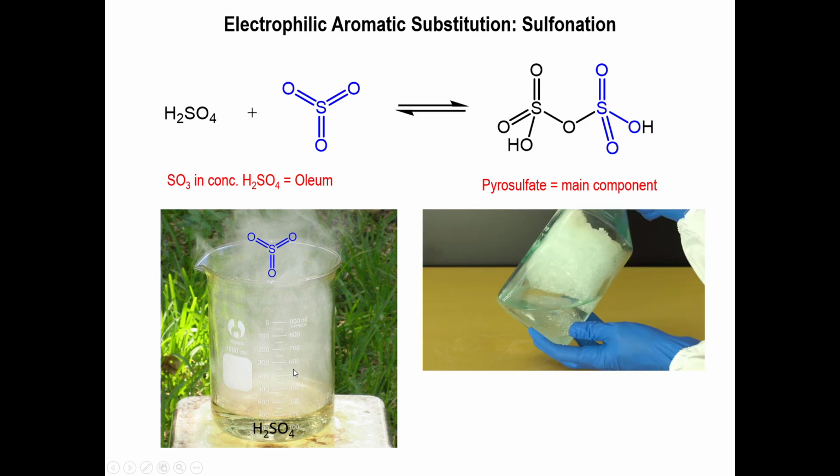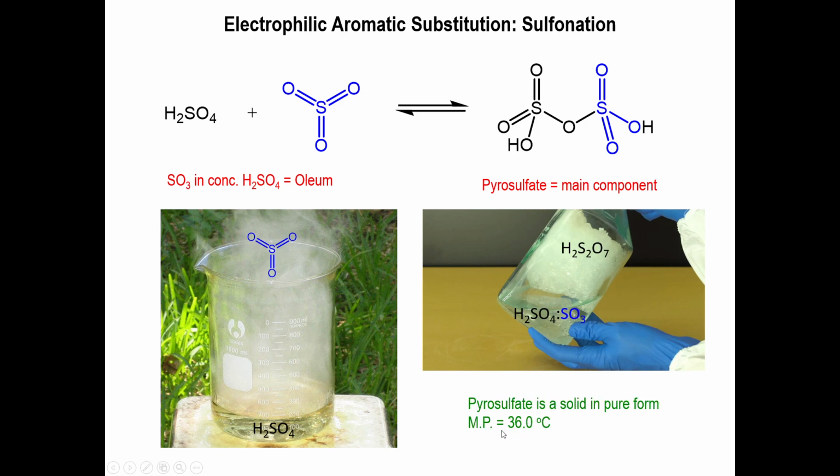And if you store this reaction in a sealed vessel or a closed container, you'll even get crystalline products, which is basically the pyrosulfate being formed as a result of the sulfur trioxide not being able to escape from the flask. So you actually get to see all of this dynamic equilibrium happening. It's rather a cool thing to see. In this flask, you have the liquid, which is your sulfuric acid with some sulfur trioxide dissolved in it, and then you have the pyrosulfate solid that has been formed right here.